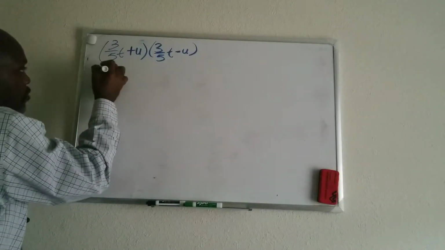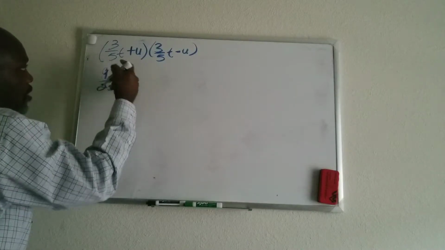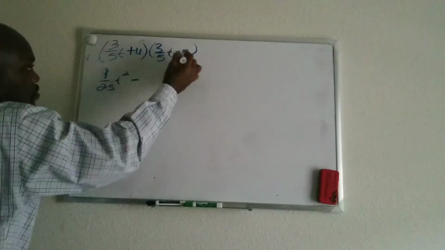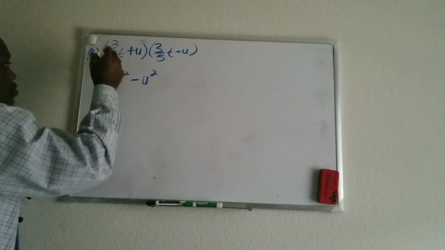So you square the first one, which is 9 over 25 t squared, minus the square of the last term. So that would be your answer.